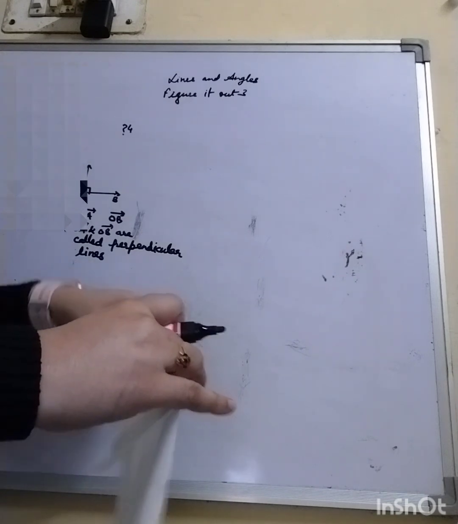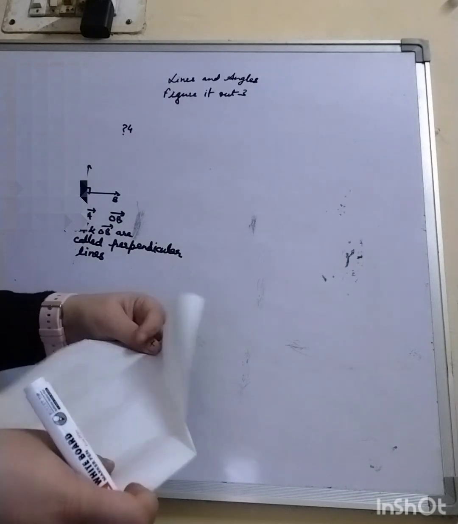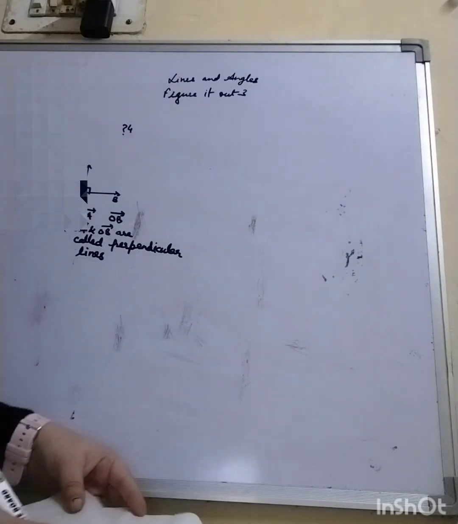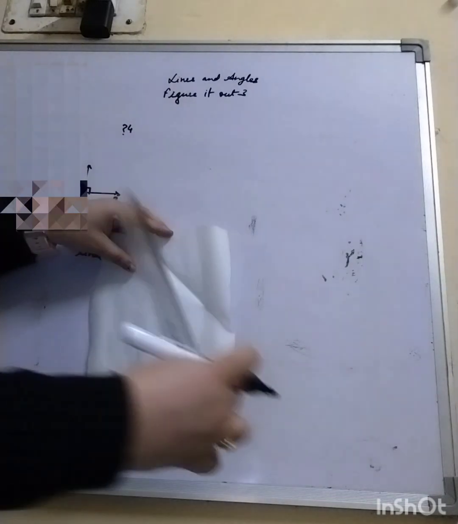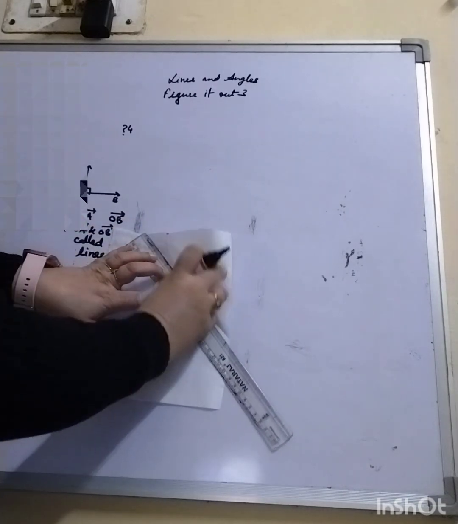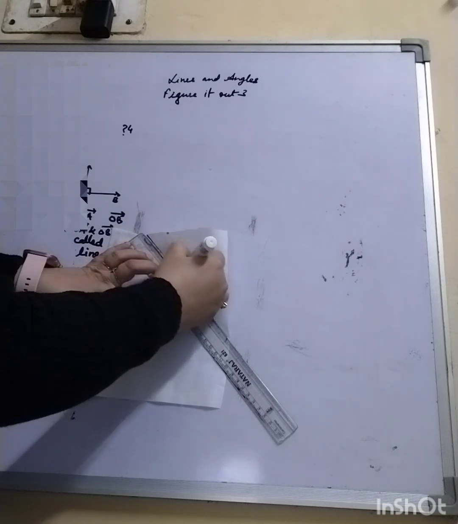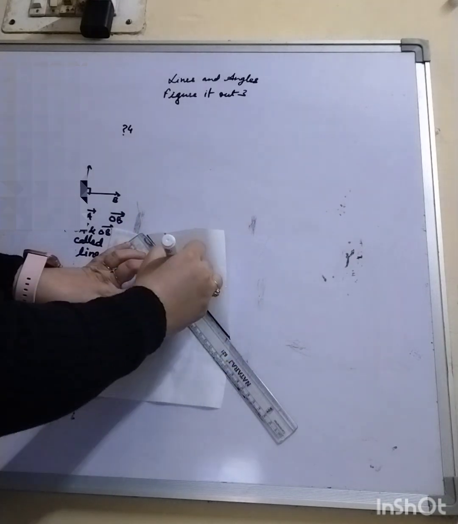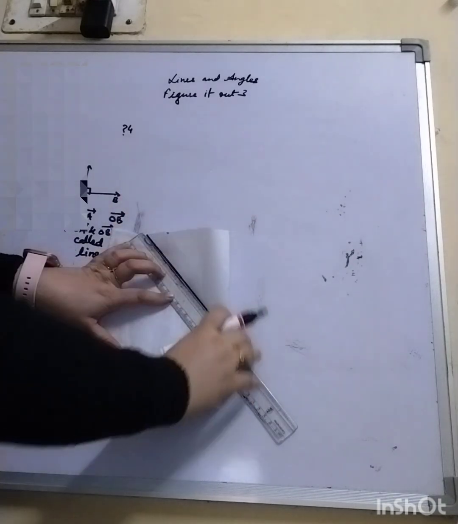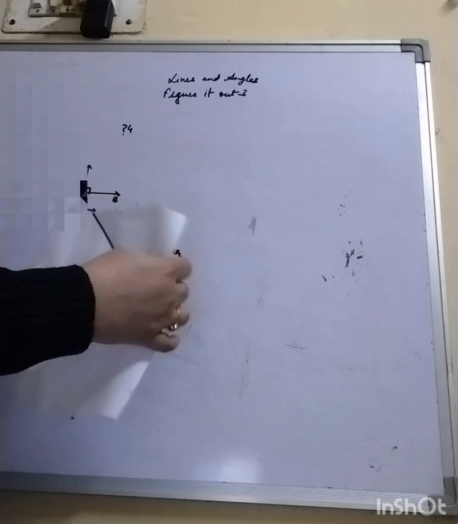So you get a slant over here. Let us draw the slant so that you are able to see it properly. So this is a slanting crease.